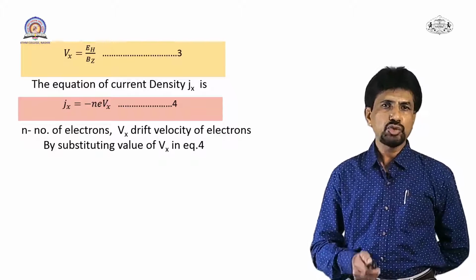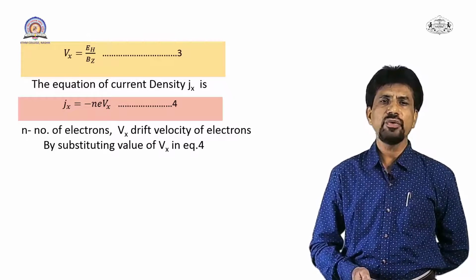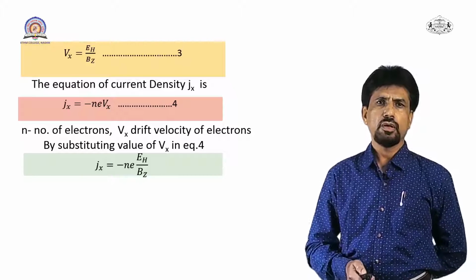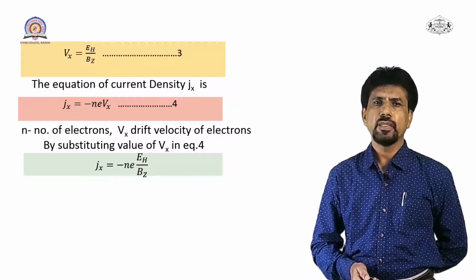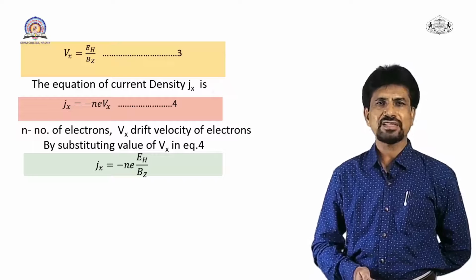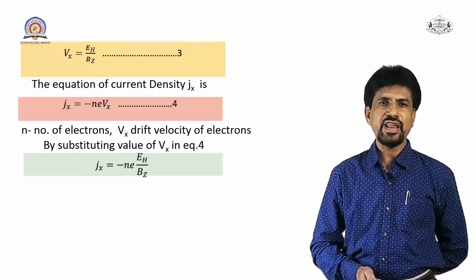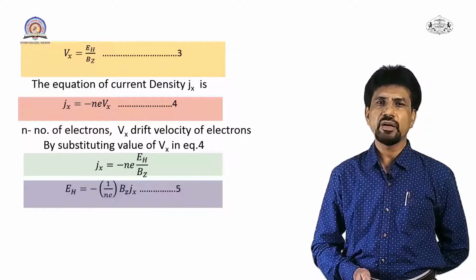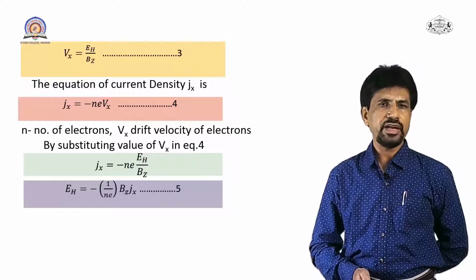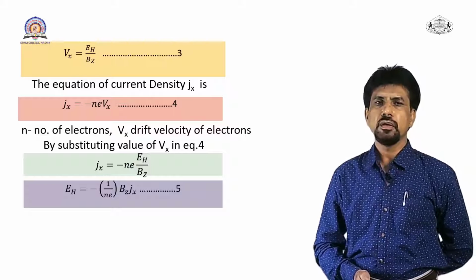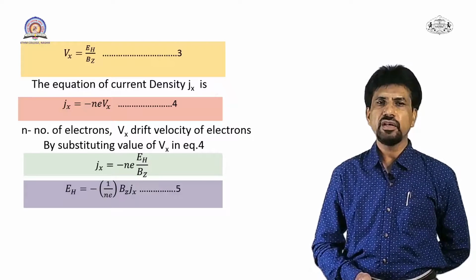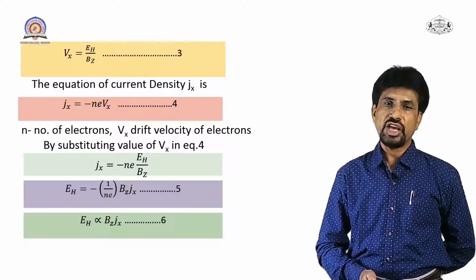Now, by substituting the value of Vx from equation number 3 into equation number 4, we get Jx is equal to minus N e E_H divided by Bz. Rearranging this equation, we get E_H is equal to minus 1 divided by N e, times Bz into Jx.